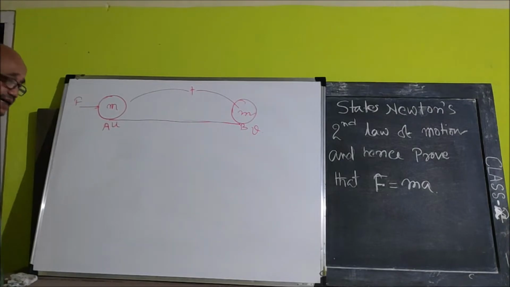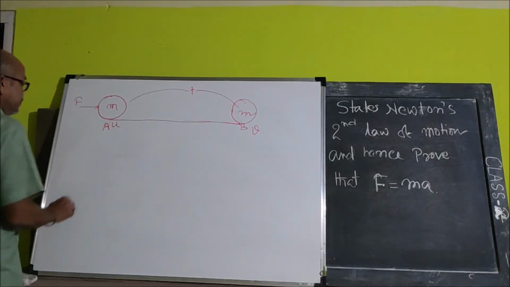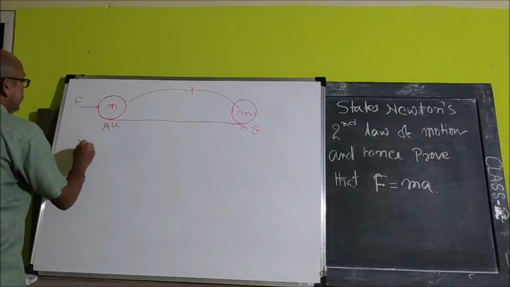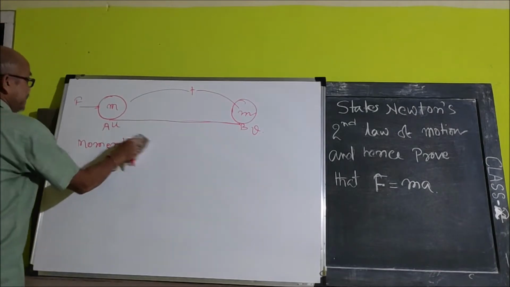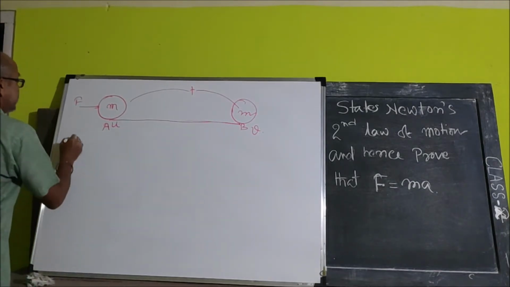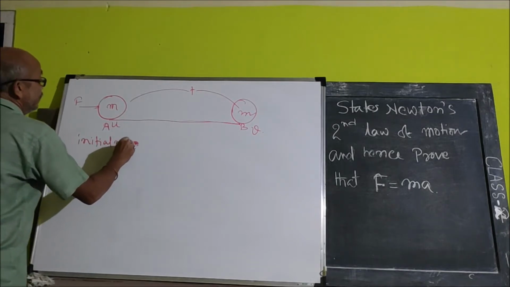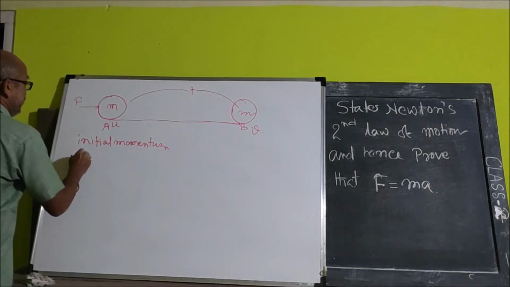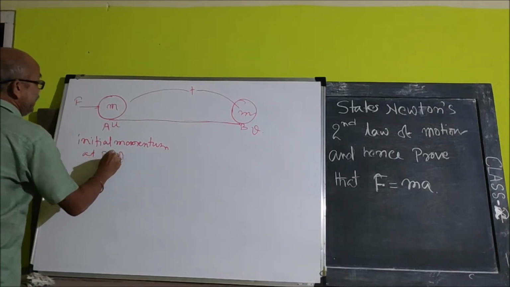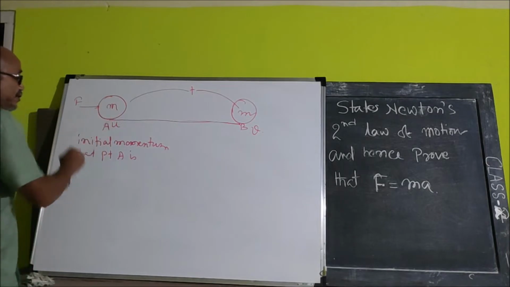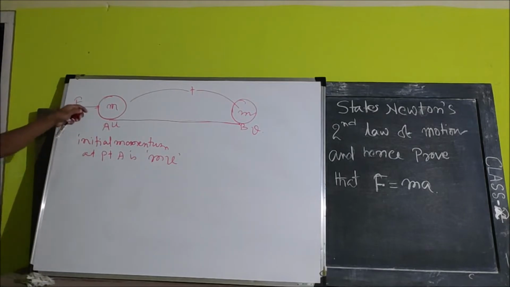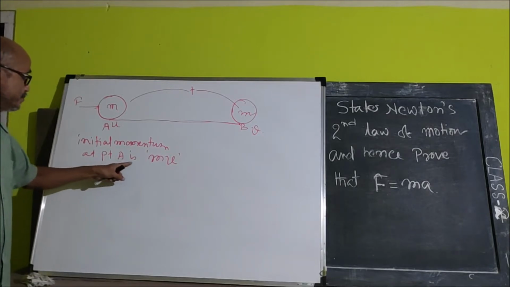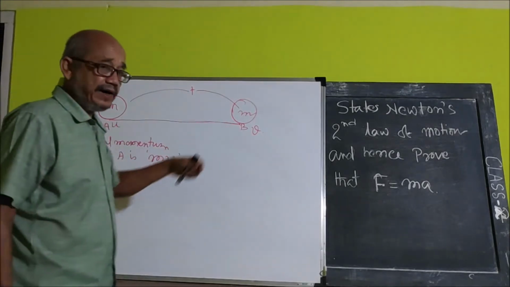So we have to find the momentum. The initial momentum at point A is mu, because momentum is mass into velocity. Likewise, the final momentum at point B is mv.